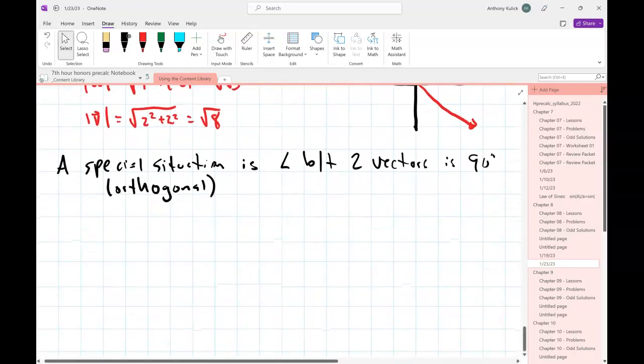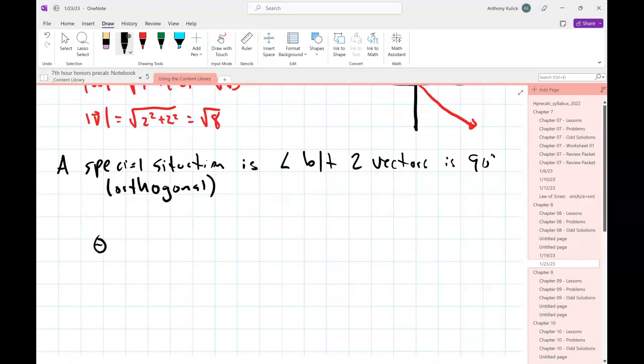So if we think back to our formula, we know if the angle between two vectors is theta, then cosine of theta should be the dot product of u and v over the magnitude of u times the magnitude of v.